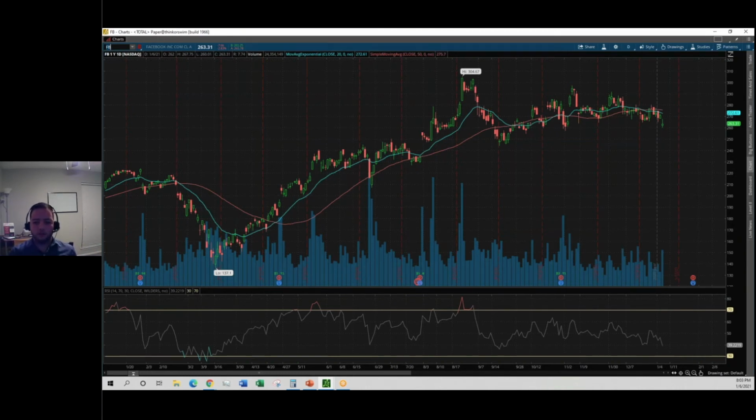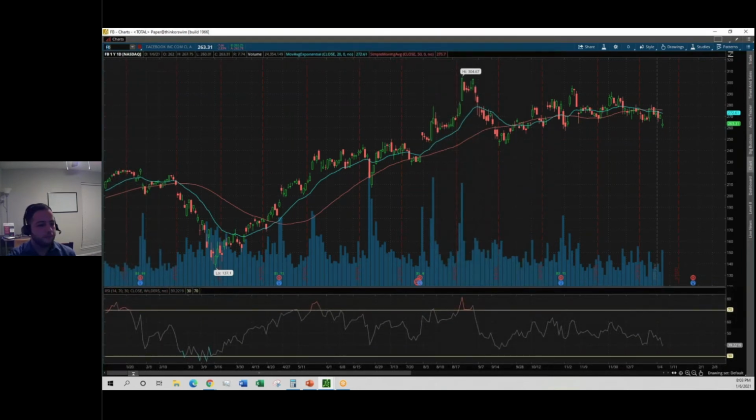Some will bump this up to 80 and the 30 up to 40, right? Depending on the macro conditions and so on. But I would say the vast majority of trading software is going to have the standard of 70 and 30 with a 14-period RSI.